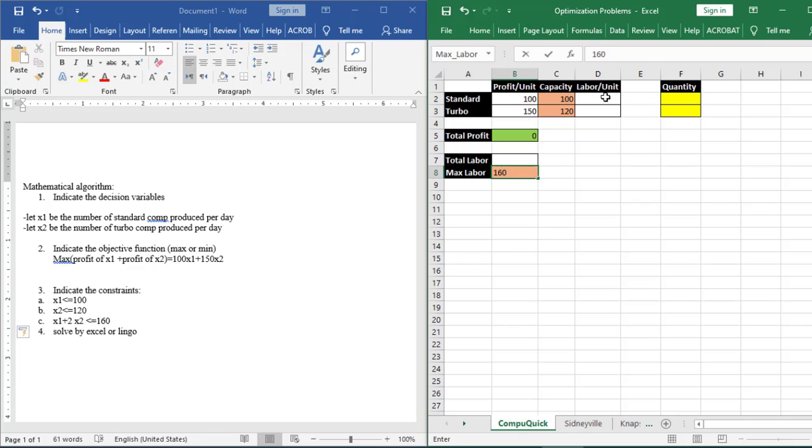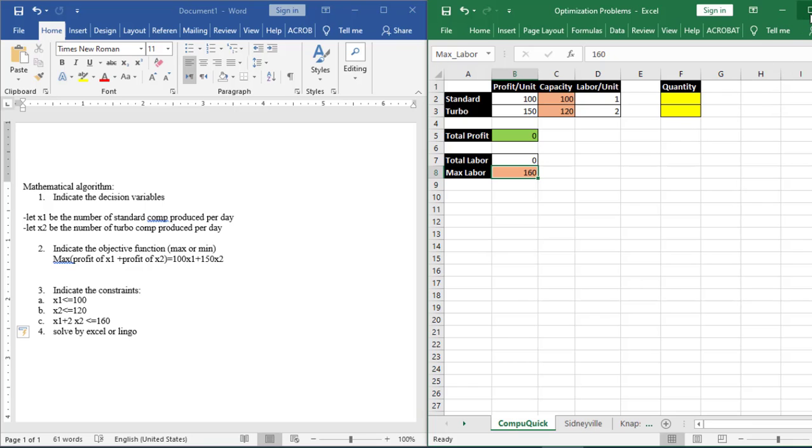Okay, so in fact, standard needs only 1 hour of labor and turbo needs 2, and that's why the third constraint is that this one times x1 plus this 2 here times x2, and this should be less than 160. Now, this is the summary basically of the mathematical algorithm, and now we're gonna solve it using Excel.